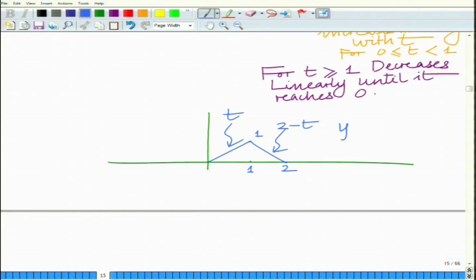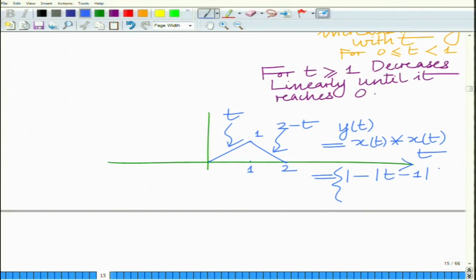So, this is your y t equals x t convolved with x t, and you can see this can be described as 1 minus magnitude of t minus 1 for 0 less than or equal to t less than 2, and this is 0 otherwise. Okay. So, this is basically your triangular waveform.